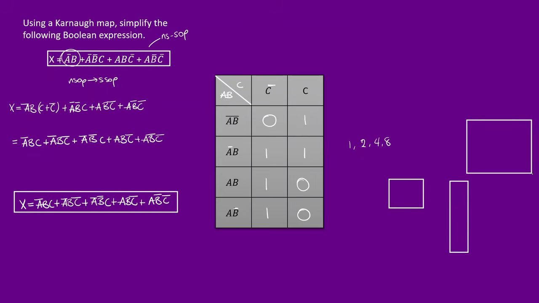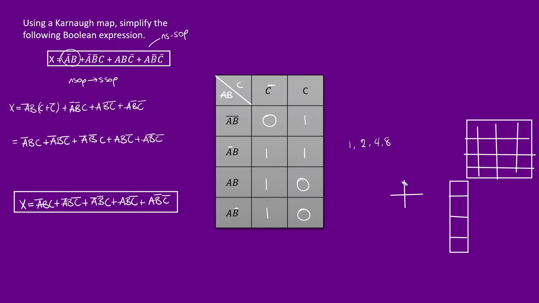So you're looking at a rectangular combination of terms that are high, and we call these prime implicants. We'll see how we're able to do this.